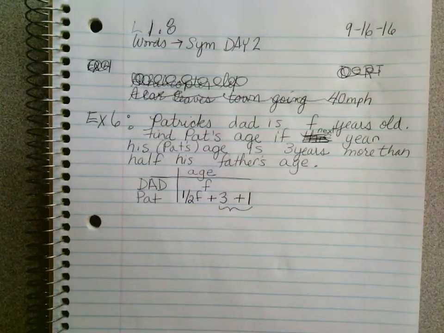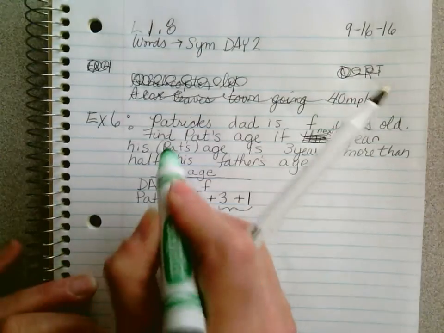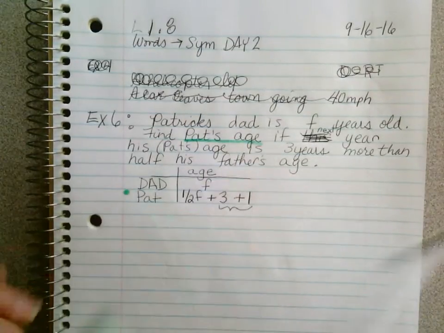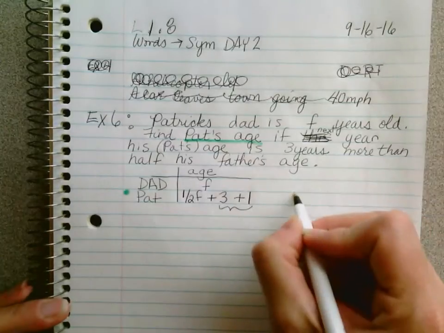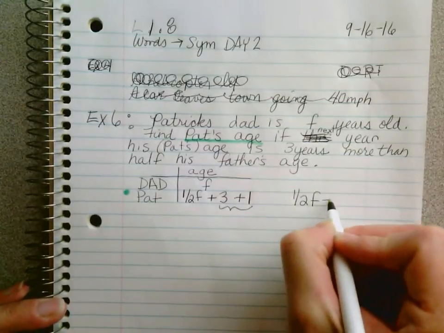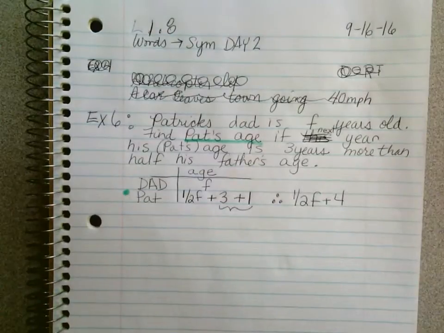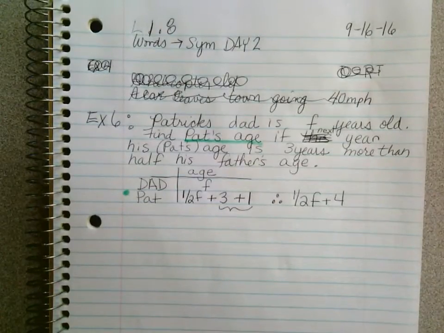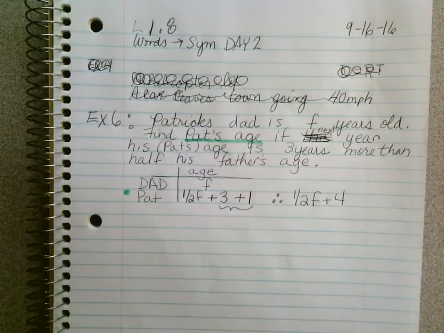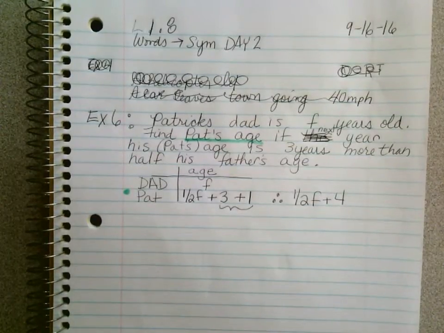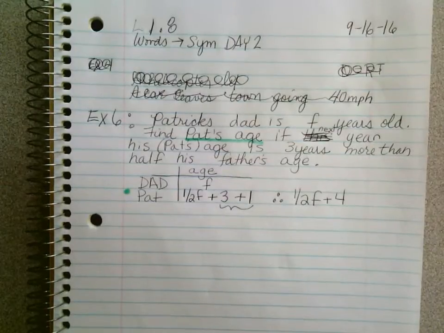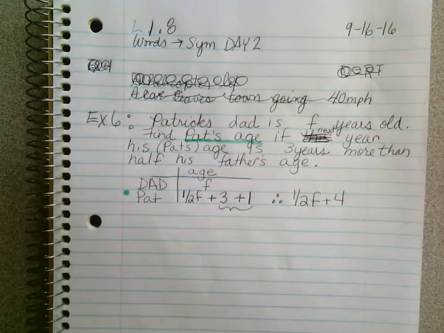So Patrick's age, and this is a real tough one, Patrick's age is defined as 1/2 F plus 3 plus 1. And there you have it. Okay? One of the more difficult problems, for sure. All right. That one is sample 6, or at least it relates to sample 6.